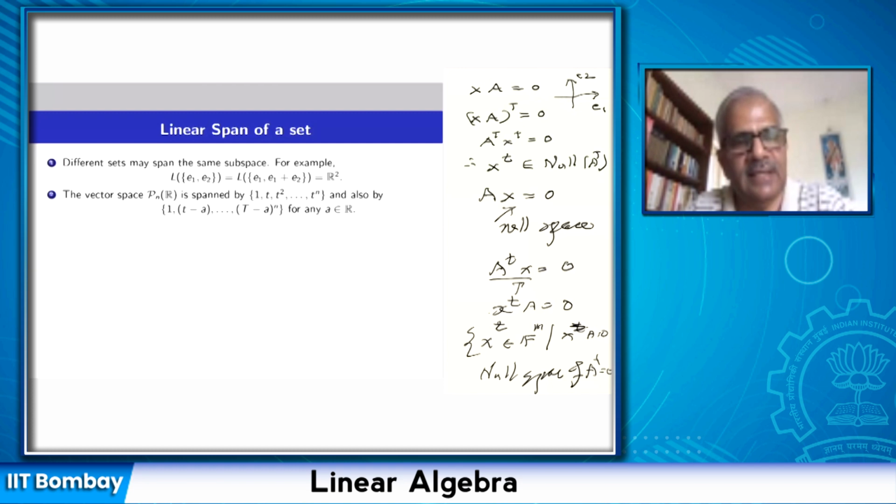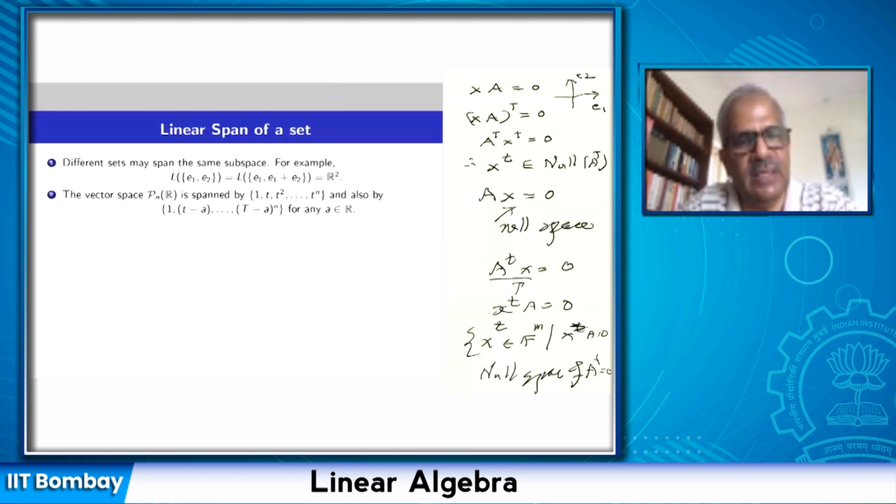You fix a real number a and take the Taylor expansion. You have studied the Taylor expansion of a function which has derivatives up to order n. I can take the Taylor expansion and write the given function in terms of powers of x minus a. So given a polynomial of degree at most n, I can write its Taylor expansion around a, and the coefficients will be derivatives of the given polynomial at t equal to a.